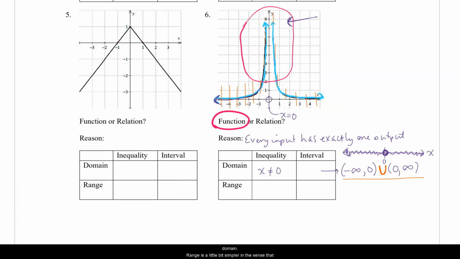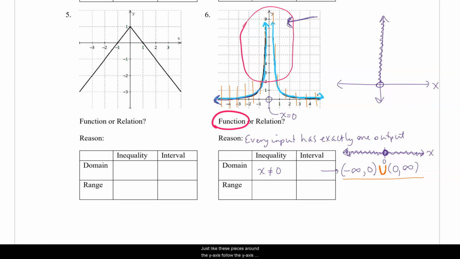Range is a little bit simpler in the sense that we have our y-axis, here's our x-axis, and when we compress the graph onto the y-axis, everything gets colored except for y equals 0. But we don't go below into the negative values.